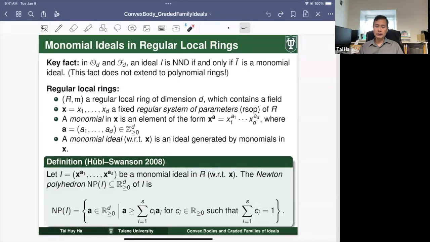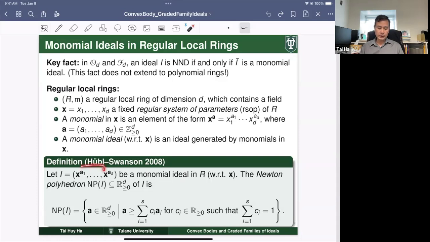So Huneke and Irena Swanson define the Newton polyhedron associated to a monomial ideal with respect to a fixed regular system of parameters. They actually define it more generally, not just for regular local rings, but for regular domains. But I'm going to focus on regular local rings here.